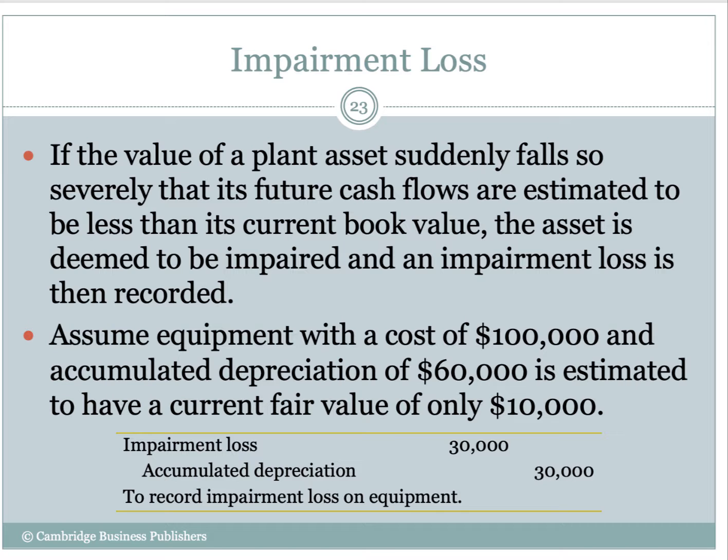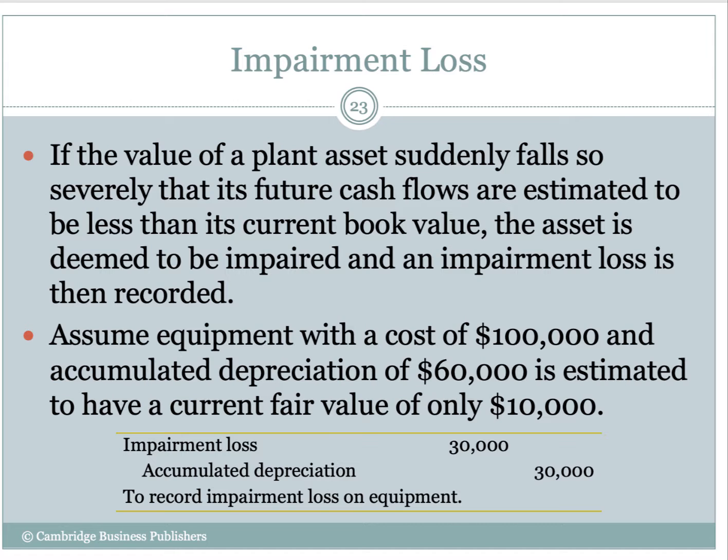We know that because they told us, number one. But what's going on here that we aren't seeing? Well, it's on our books for $40,000. The future cash flow that we anticipate from this machine has to be less than $40,000, and it is. So we ask, what's the current fair value of this piece of equipment?